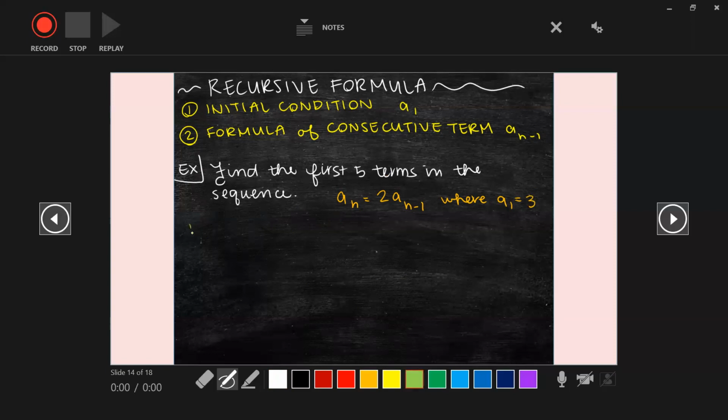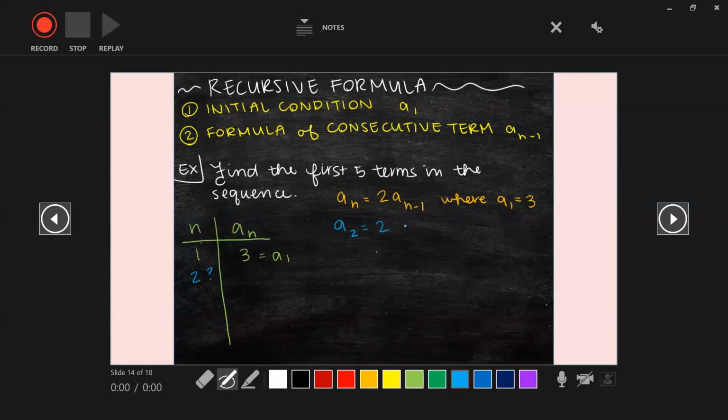So what you're going to do is you're going to have n and you're going to have a sub n. And I have an initial condition, right? I have an a sub 1. So I'm going to put that here because that's a sub 1. So if I'm looking for 2, I don't know what 2 is. So I'm going to go over here. I'm going to say I need to find a sub 2.